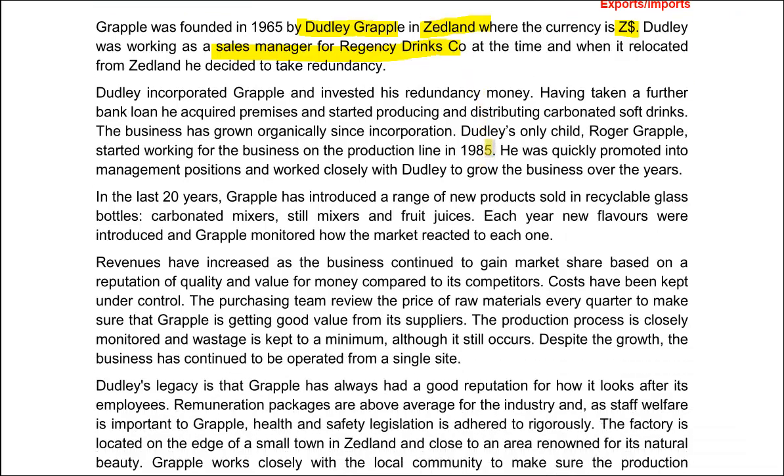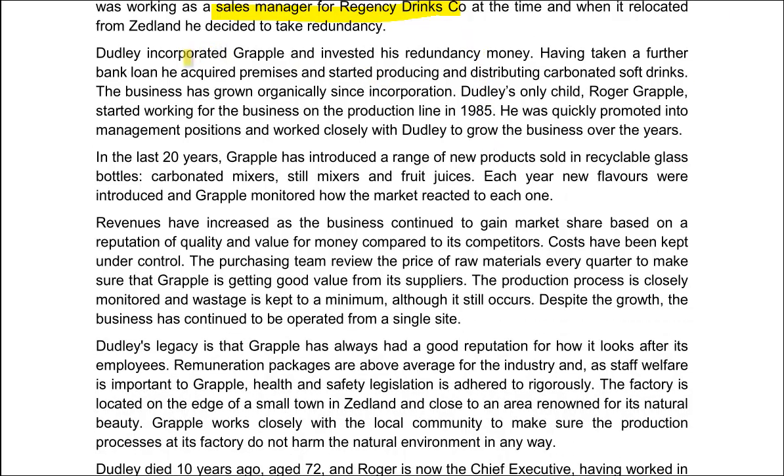So as we scroll down here, we can see that Dudley incorporated Grapple and invested his redundancy money. Now, it's quite a minor point, but my thinking here is that there is some reluctance for maybe a listing. We don't know as of yet whether the company is listed on the stock exchange, but perhaps they want to keep it in the family given that sort of history and nostalgia of Dudley, the original owner, putting his redundancy money into the business.